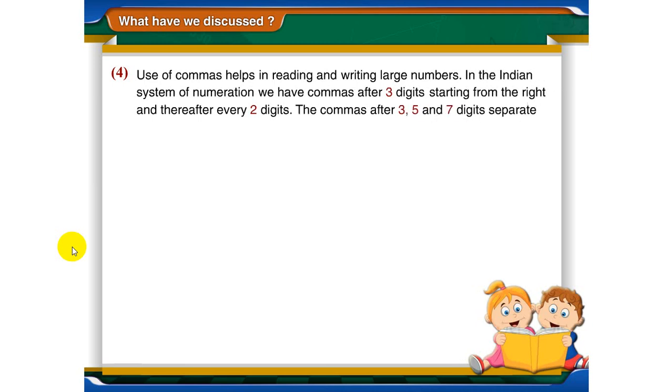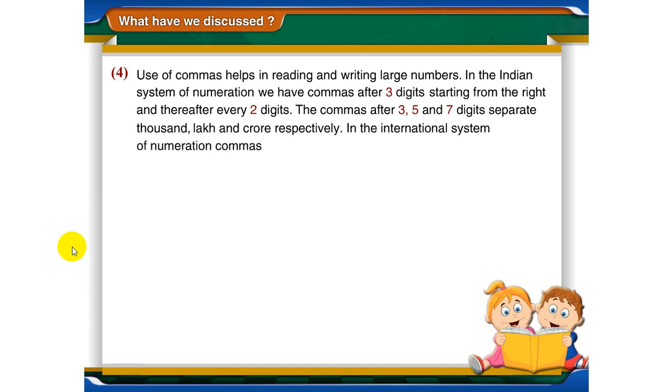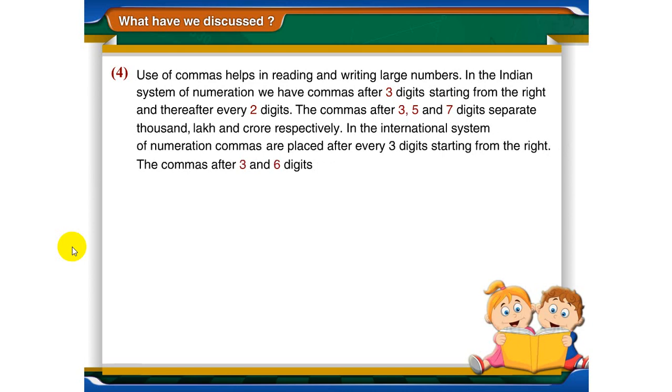The commas after 3, 5 and 7 digits separate thousand, lakh and crore respectively. In the international system of numeration, commas are placed after every 3 digits starting from the right. The commas after 3 and 6 digits separate thousand and million respectively.